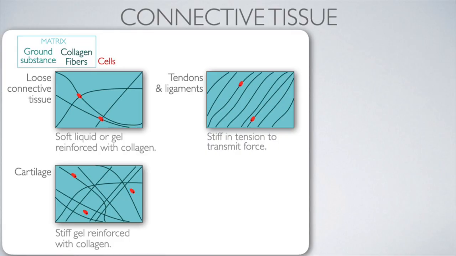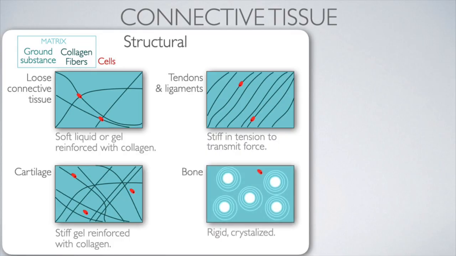Ligaments are very similar to tendons, but they connect bone to bone and help stabilize joints. They play essential roles in keeping your skeleton together. Your skeleton, of course, is composed of bones, and for bones, we have this unusual ground substance using hydroxyapatite crystals instead of a proteoglycan gel. These are all structural connective tissues.